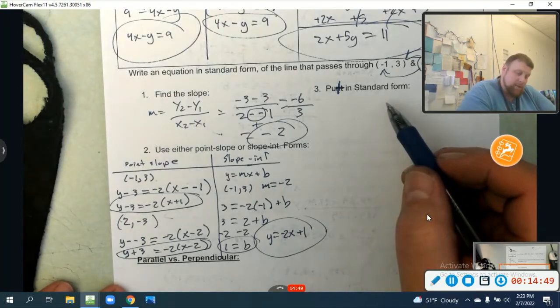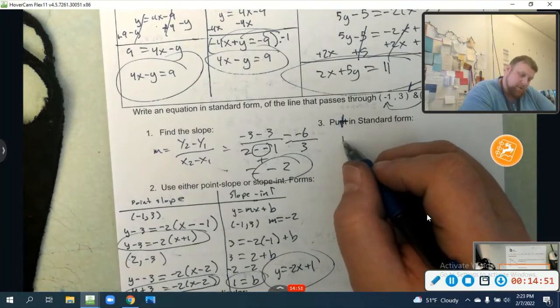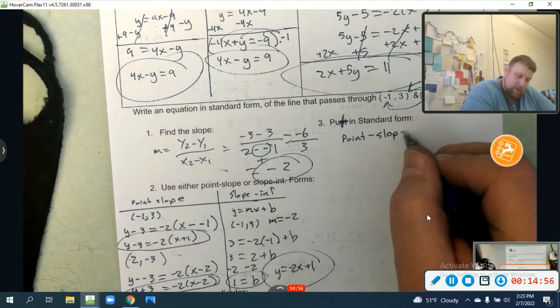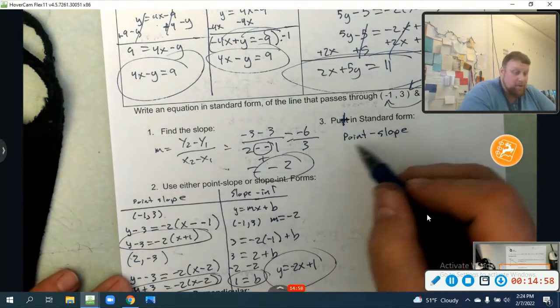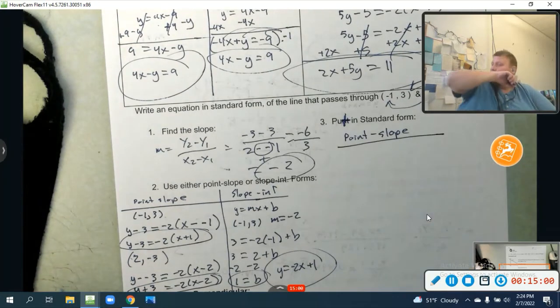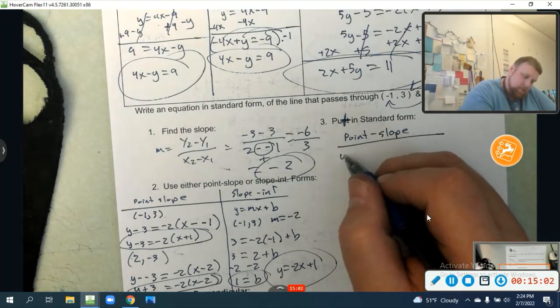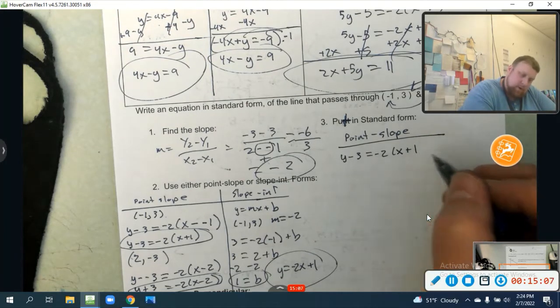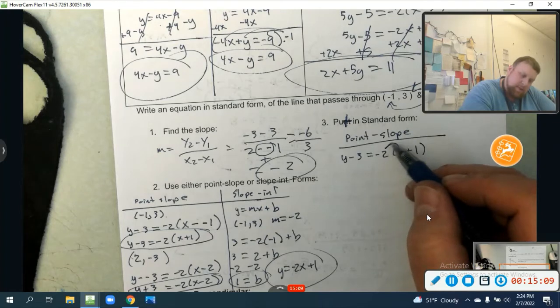Now I want to put it in standard form. So let's do it with point slope first. For point slope, I have my 2 equations, right? That, by the way, I told you should come out the same. Let's find out if that's true. I first of all have y minus 3 equals negative 2 times x plus 1. Let's do that one first. I'm going to distribute this negative 2.